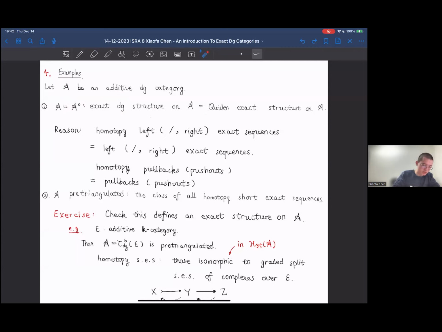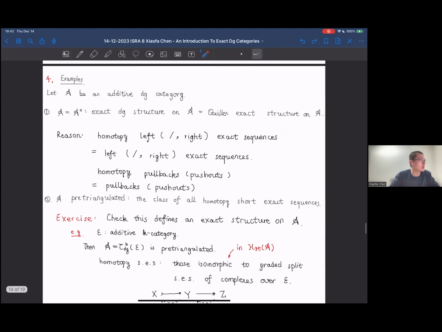That's because we have shown that homotopy left, right, or blank exact sequences are the same as left, right, or blank exact sequences in A. And homotopy pullbacks are the same as pullbacks, and homotopy pushouts are the same as pushouts. So we can rewrite our axioms, and they will be the same as the equivalent axioms. So that's why we have this equality.